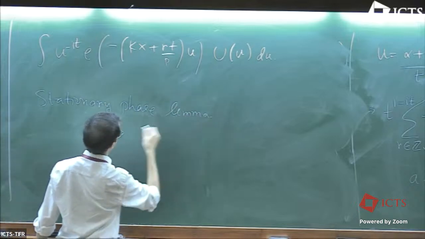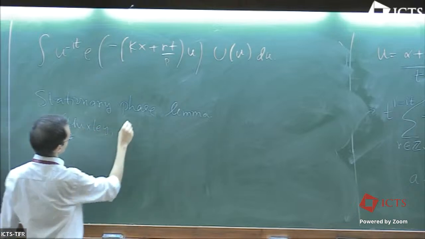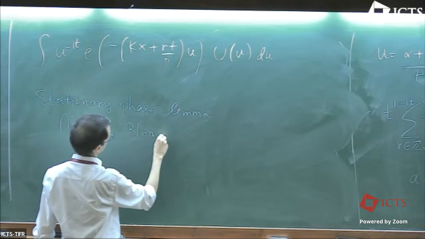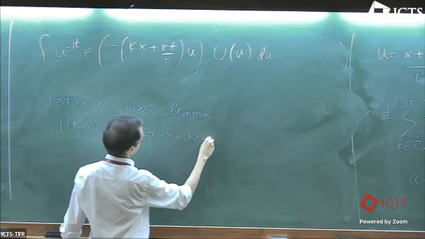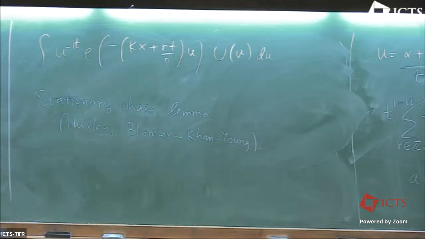There are, of course, you can see there's one due to Huxley. Of course, there's a much more powerful one by Blomer, Khan, and Young. But we are going to state something which is good enough for heuristics.